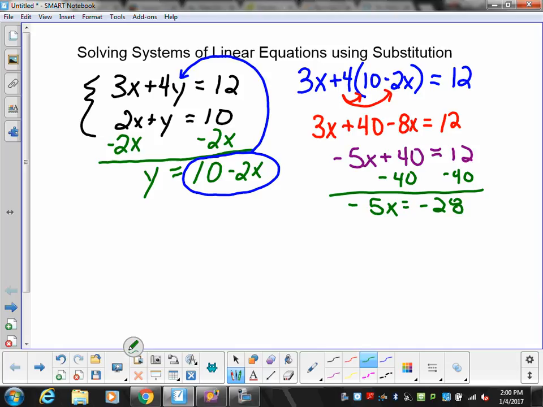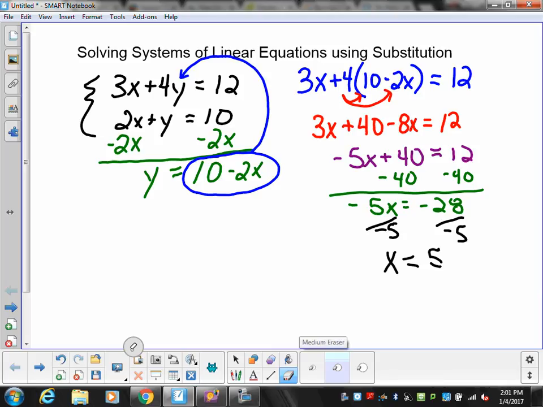That's why you have calculators. So if you need that, use that. And then the last step here is to divide both sides by that negative 5. So that x is now by itself, and my answer is 5.6. So x equals 5.6.